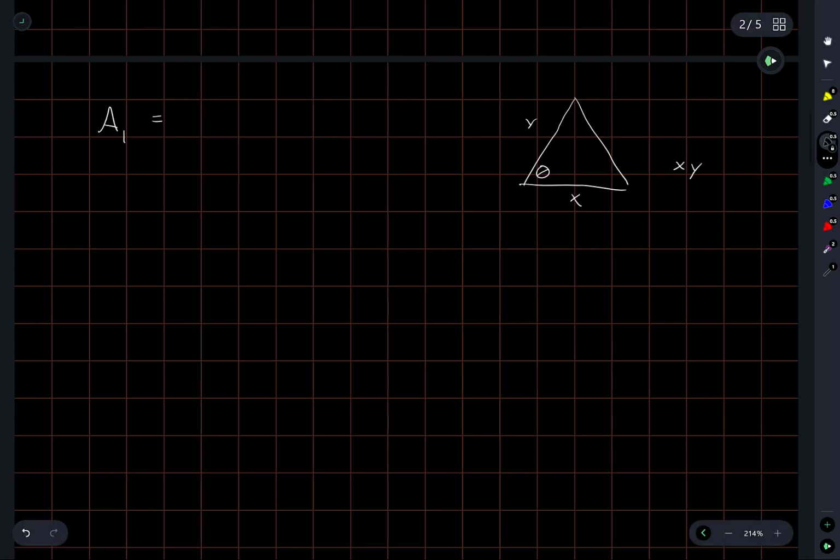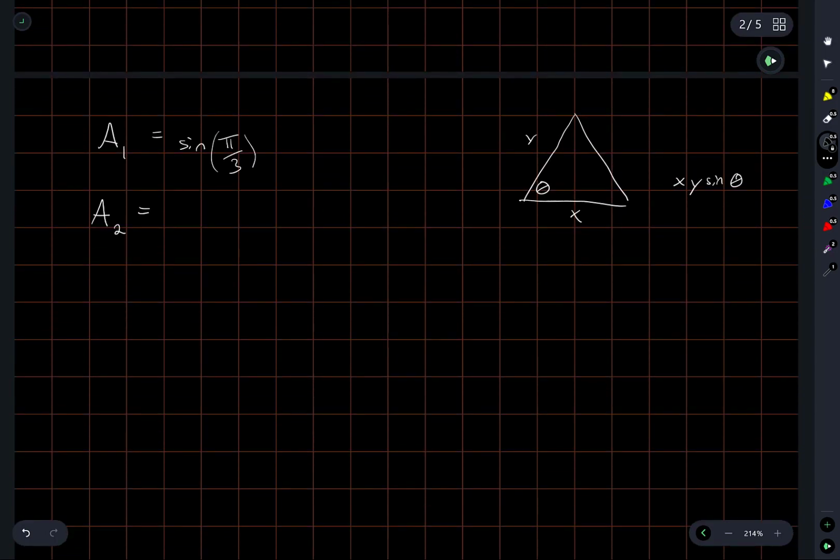Nope, it's xy sine theta. And in our case, x and y are both equal to 1. So this is going to be sine of pi over 3.